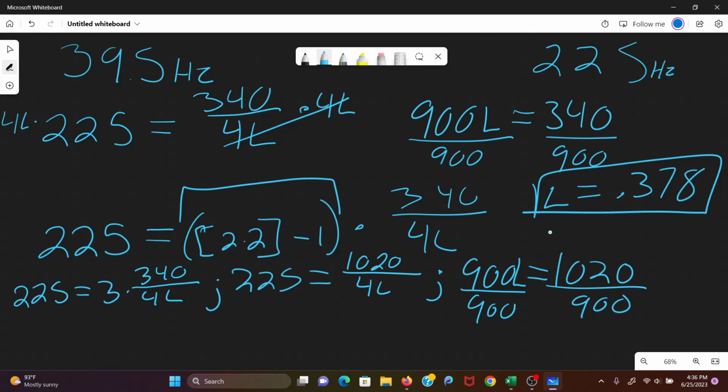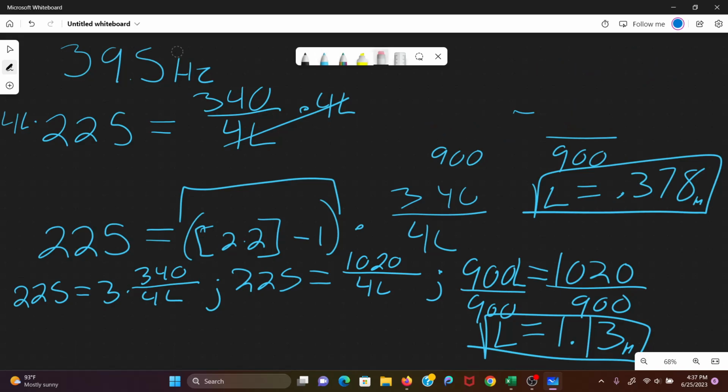And you've got 1020 divided by 900, which equals L equals 1.13 meters. Both these are meters. There we go. That's question number 4.